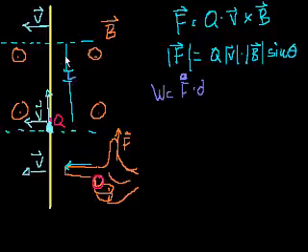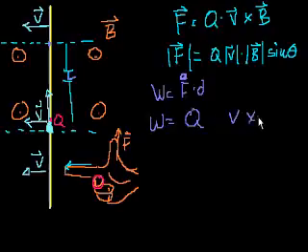Well, this distance is L, right? Once the particle gets here, there's no magnetic field up here, so the magnetic field will stop acting on it. So the total work done, which is equal to force times distance, is equal to the net force, which is Q, V cross B, times the distance.